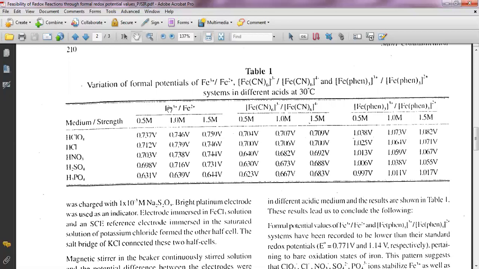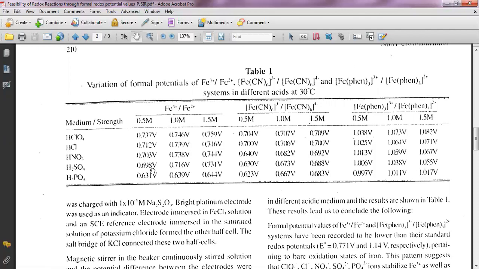So the stability of iron plus 3 in the presence of phosphate is more. It is more stable, having less ability to reduce to the iron plus 2 state. That's why its reduction potential is less as compared to the other ions. The same reason applies for the rest of the ions. You can compare any of the ions with the same reason.